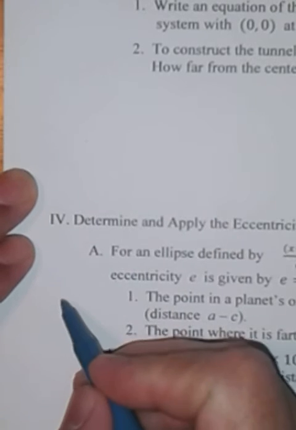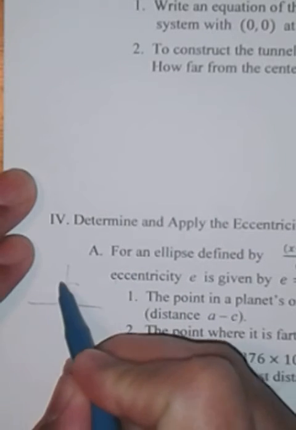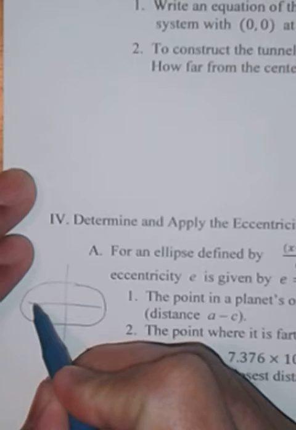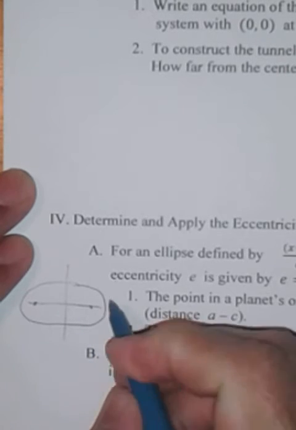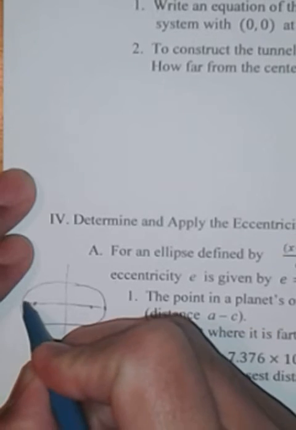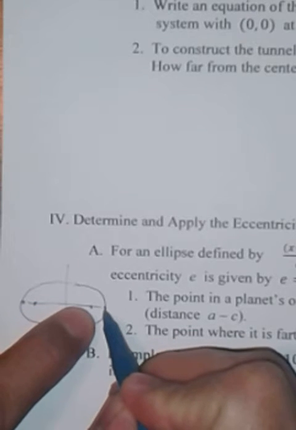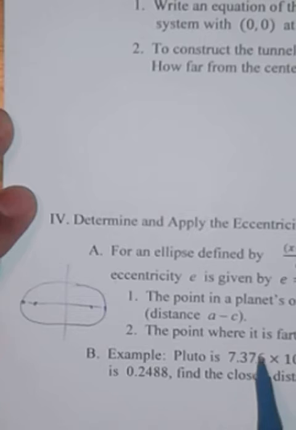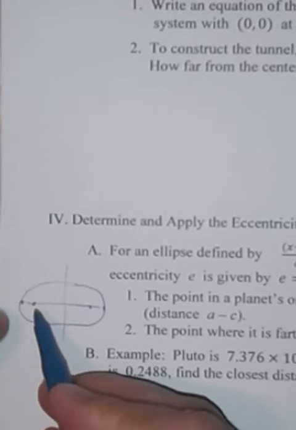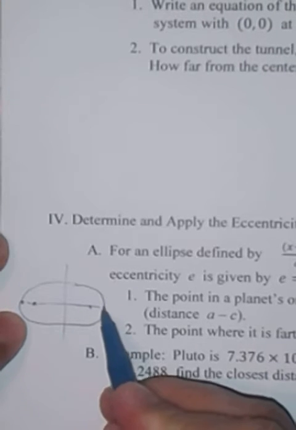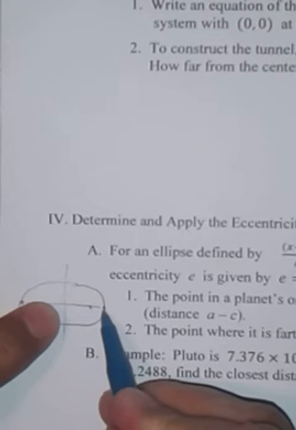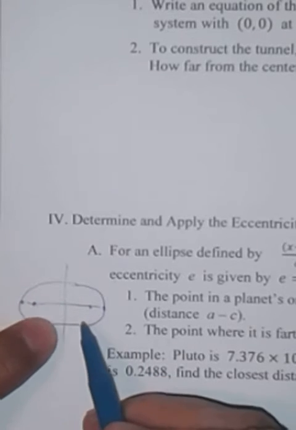Let's take a look at this. You have the foci and the vertices, right? So a minus c is that distance. And then the point where it is farthest away, that's a plus c.